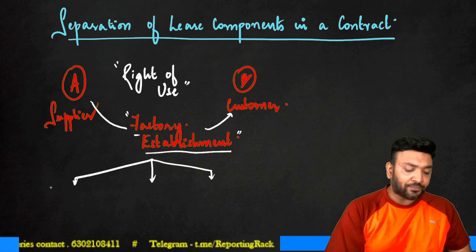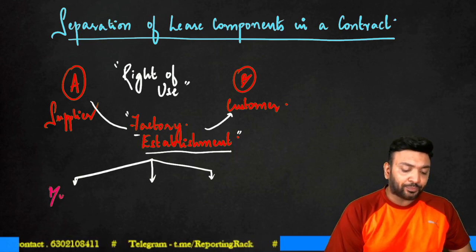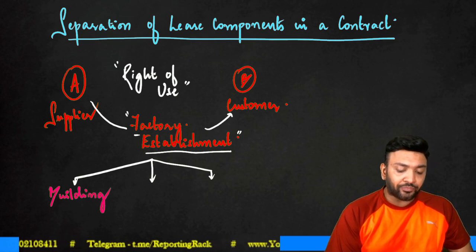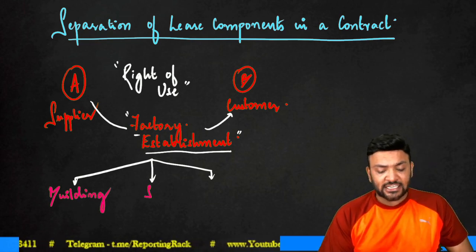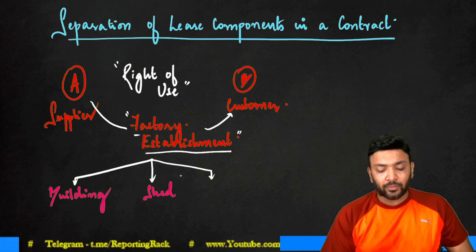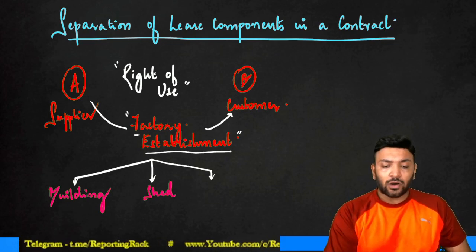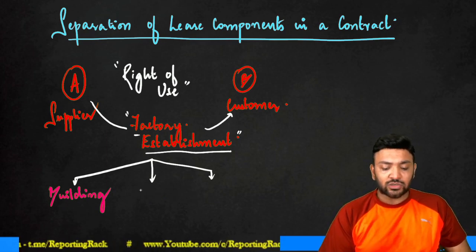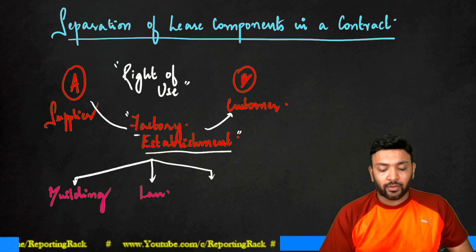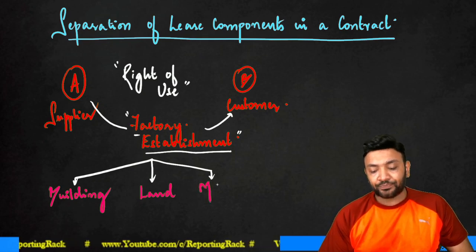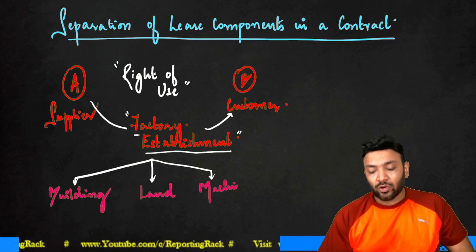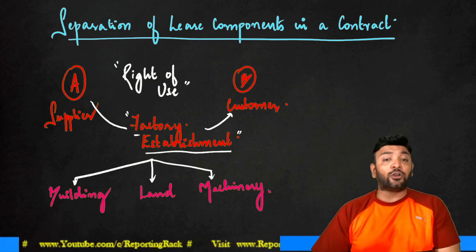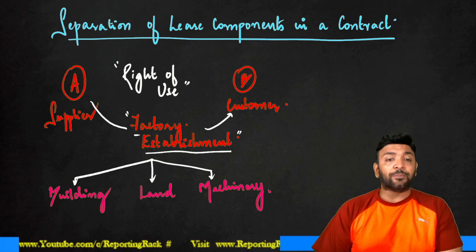One is a building, a factory shed, or let's say I'm talking about land associated with the factory, and the machinery. All three combined have been made eligible for right to use to customer B.